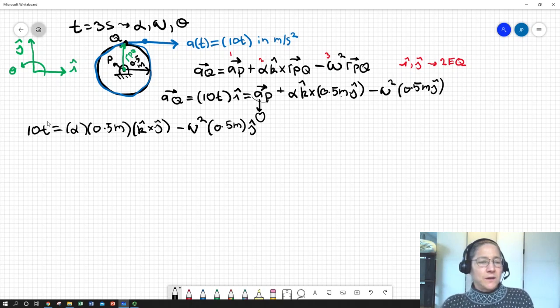So let's get a direction on there. Okay, so we're down to two equations and two unknowns if we separate out our variables.